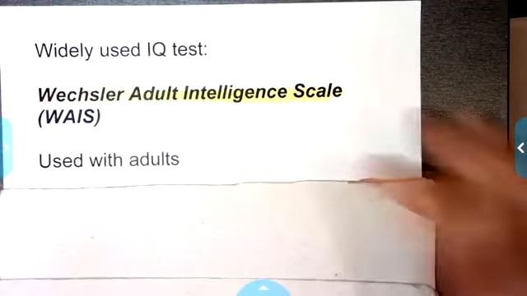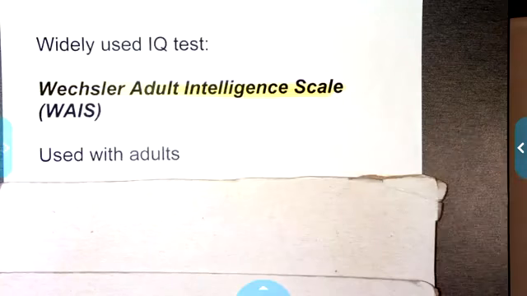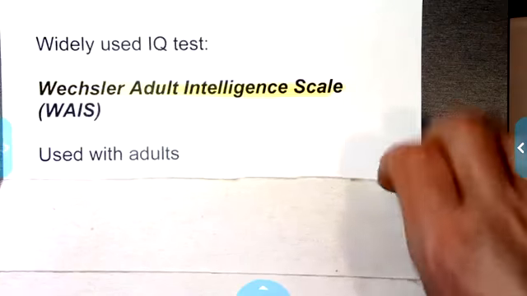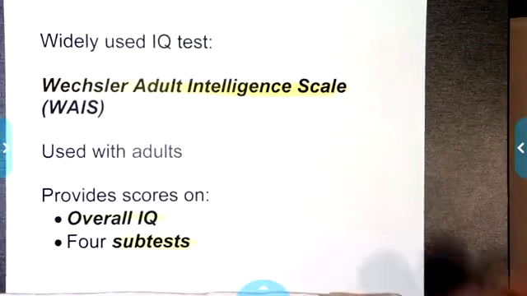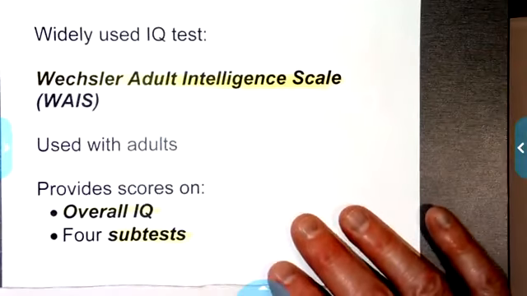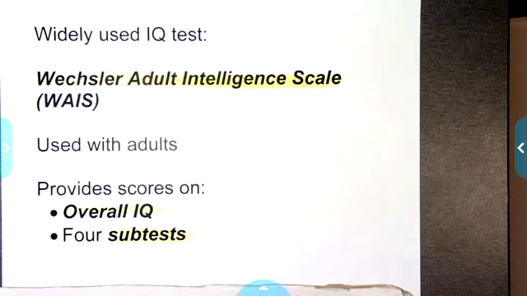As indicated, the WAIS is used with adults. Now, the WAIS has been in use for decades. It is largely seen as a better alternative to the other popular individually administered intelligence test, the Stanford-Binet.